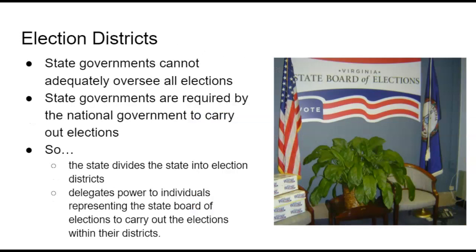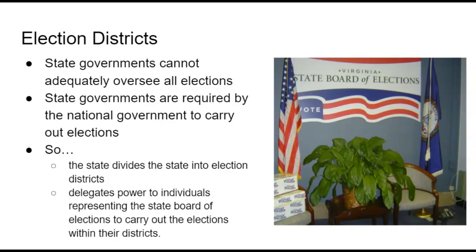So let's look at that more closely, because this is a good example about how resources are used efficiently and how the national government can't always handle the problems or carry out things that need to be done. So state governments can't adequately oversee all of the elections that have to occur.